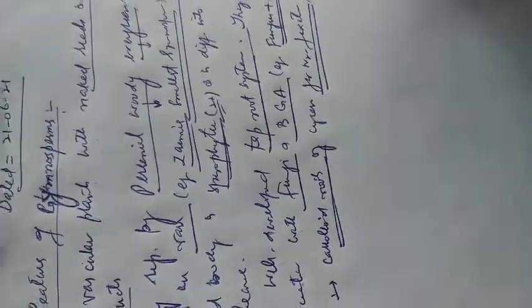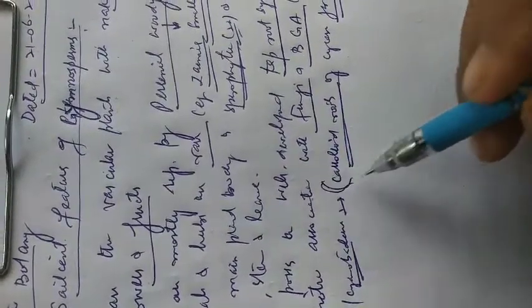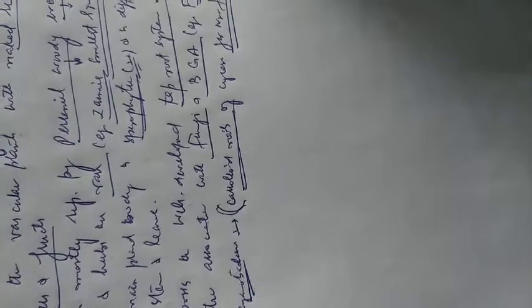Cycas has two types of roots, taproot and coralloid roots. Its coralloid roots form symbiotic association with some nitrogen fixing cyanobacteria.